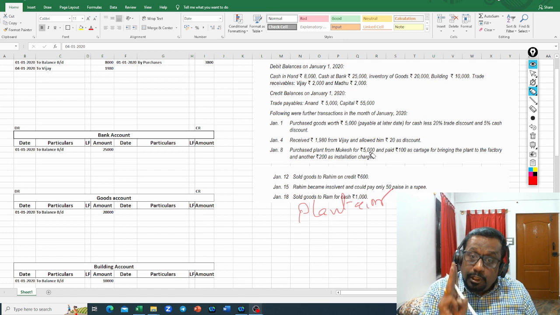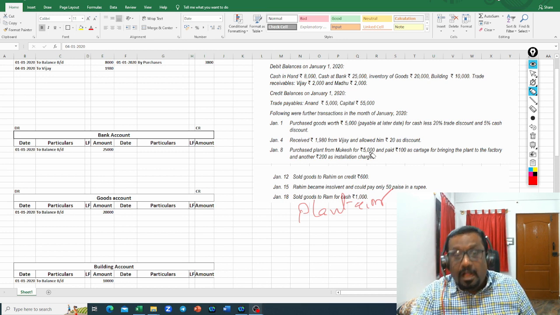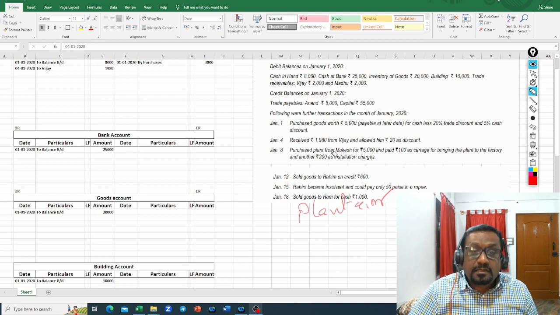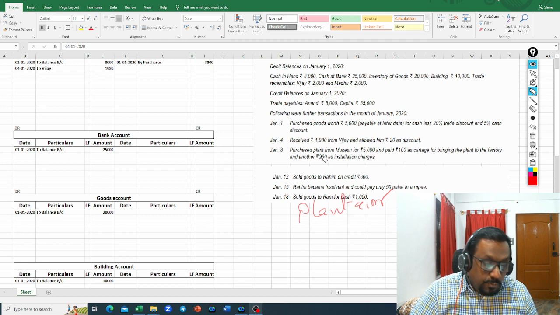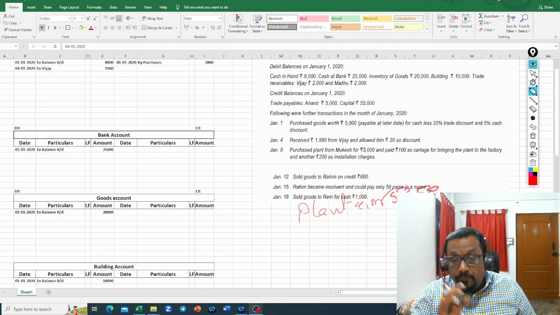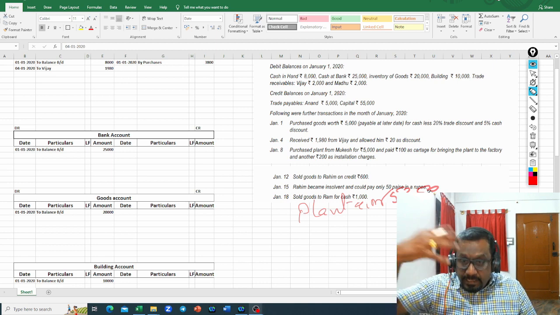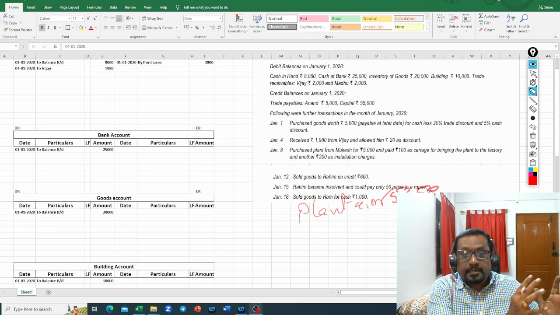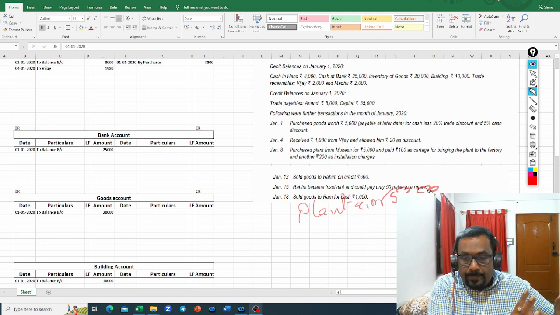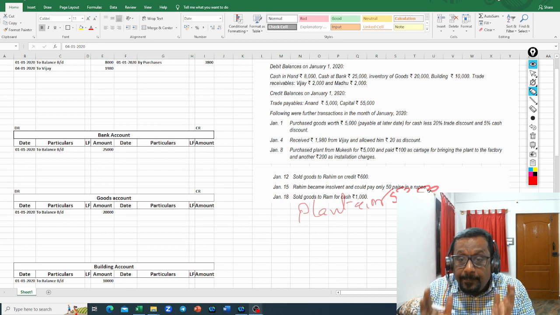All three put together you need to debit to the plant account, because cartage and installation will be treated as capital expenditure. So how much am I supposed to debit the plant now? 5,300. Whatever amount we spent for bringing the plant should be added to the plant. And whatever installation charges you incurred, that also is to be added to the plant because they are of a capital nature.